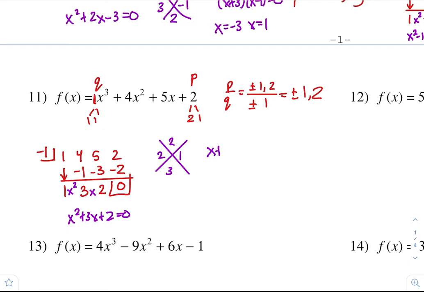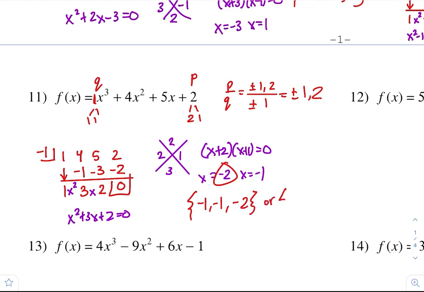So our factors for that quadratic are x plus 2 times x plus 1 equals 0. So our zeros are negative 2 and negative 1. So we found a zero of negative 1, another zero of negative 1, and another zero of negative 2. And remember, if you have two of the numbers that are the same, just like that, negative 1, multiplicity of 2, because there's 2 of them.